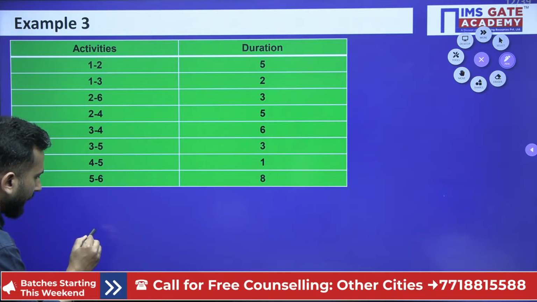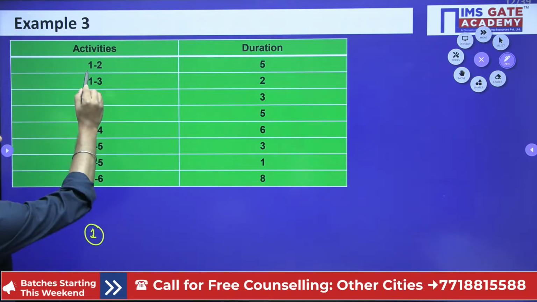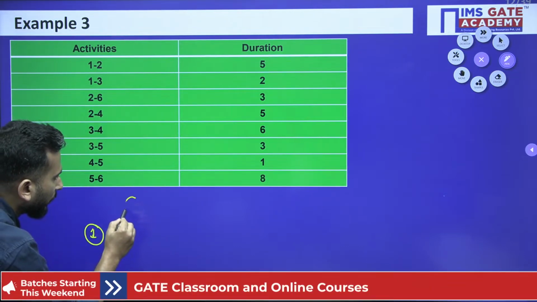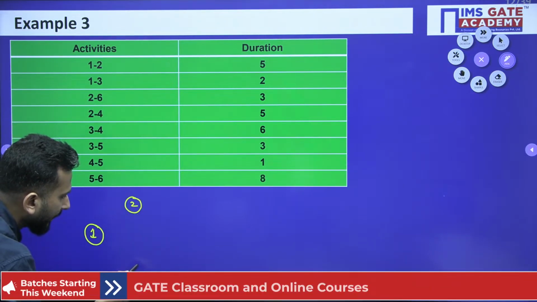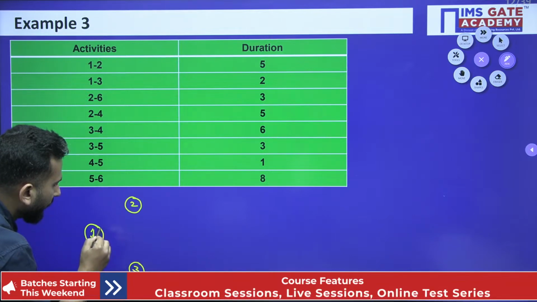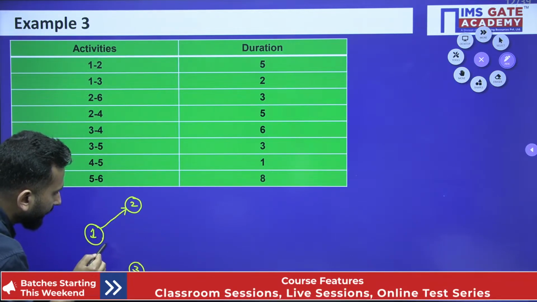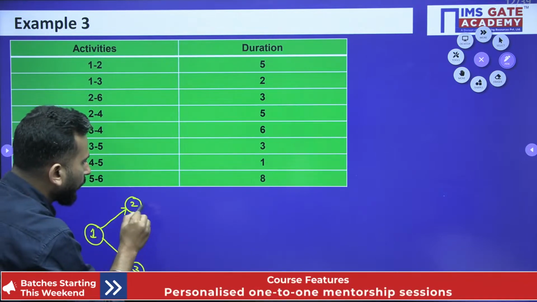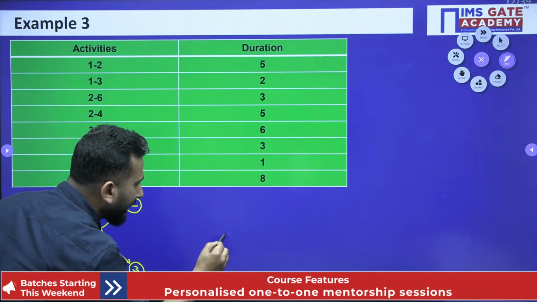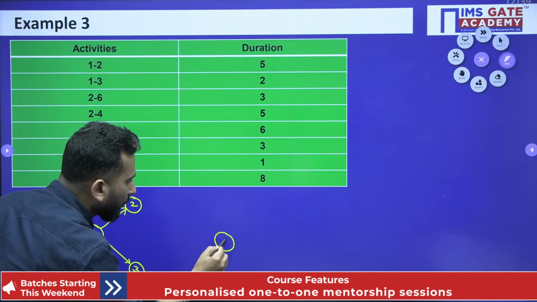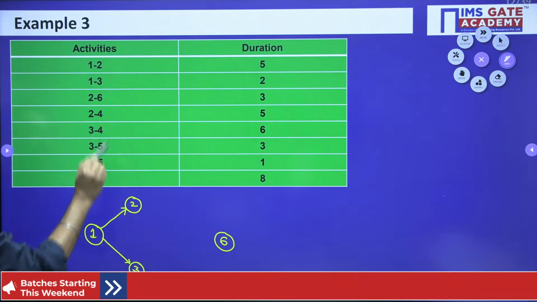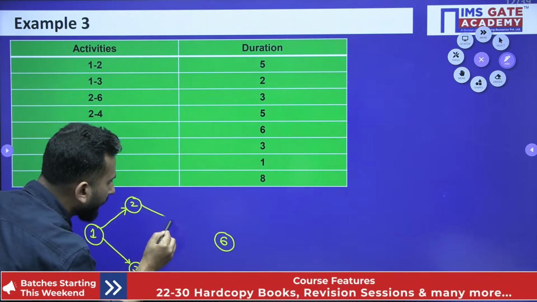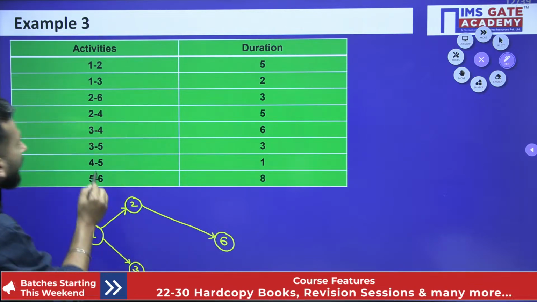Let's say I have drawn node 1, and 1 to 2, 1 to 3 is there. So somewhere there is 2 and somewhere there is 3. So I have joined them. This is done. 2 to 6. So somewhere there is 6 around here. Now 6 can be here also, but let's say 6 is somewhere around here. 2 to 6 is there. 2 to 4.